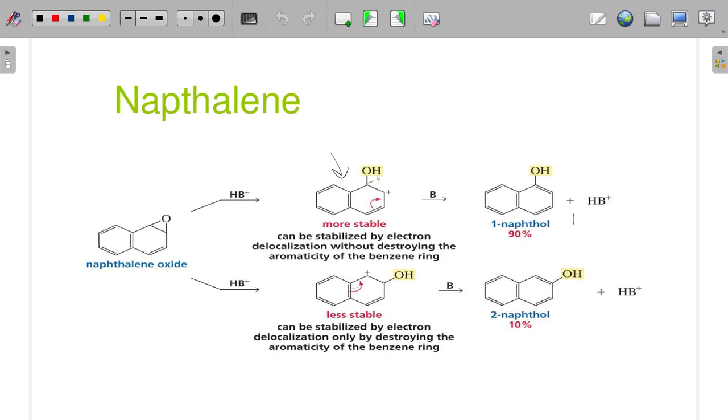So naphthalene is actually something that would be safe to call a carcinogen because it's going to stay as that epoxide a little bit longer because this thing is more stable. If it was only able to go to a less stable condition, it's going to rearrange to a phenol a lot quicker.